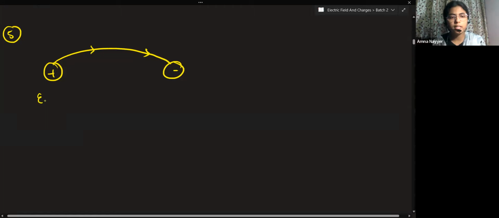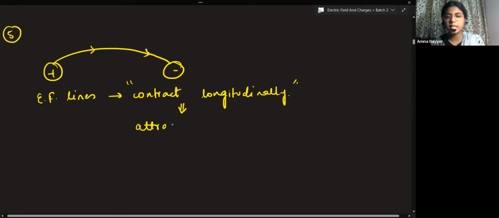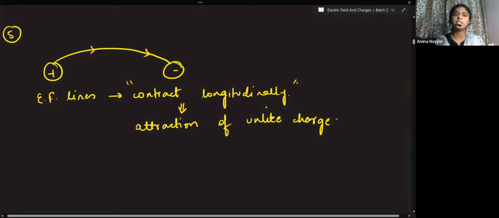So electric field lines contract longitudinally. This phenomenon, contracting longitudinally, explains why attraction of unlike charges occurs. We say positive charge and negative charge both attract each other. The reason is this only, because of electric field lines.